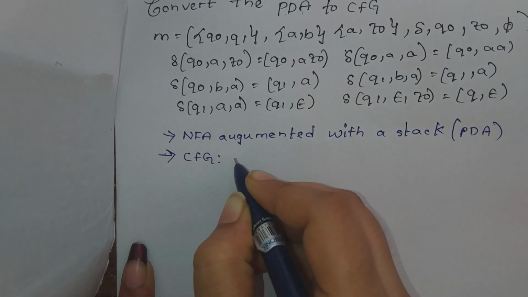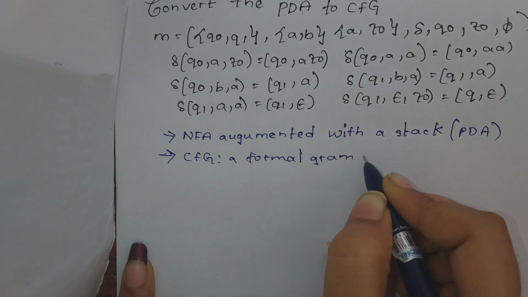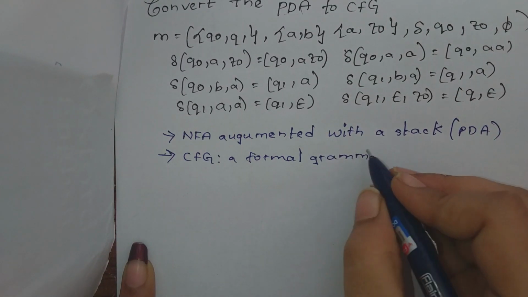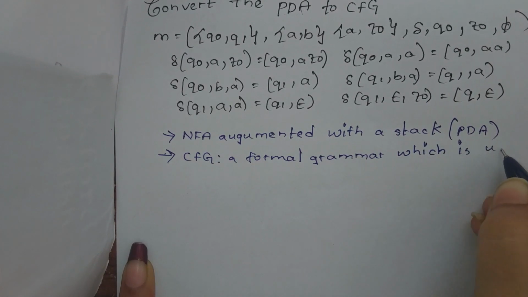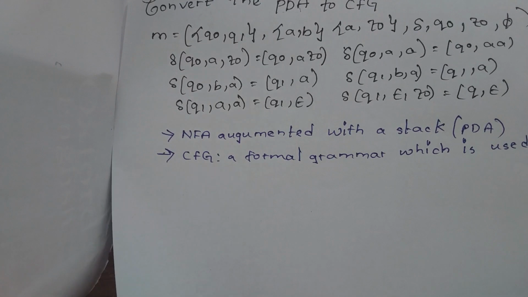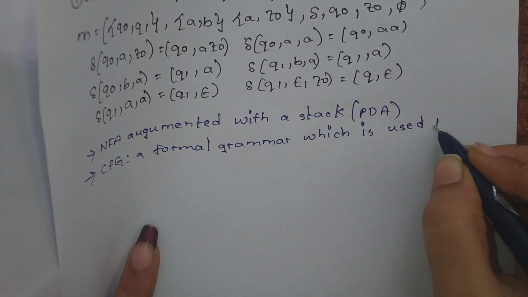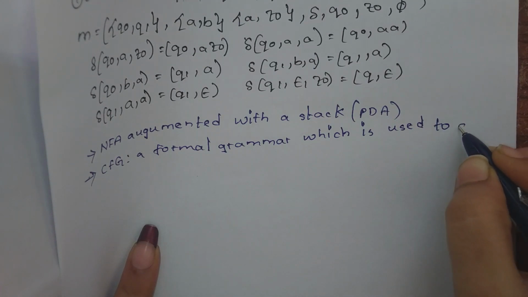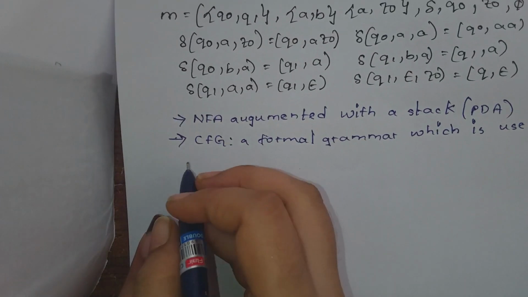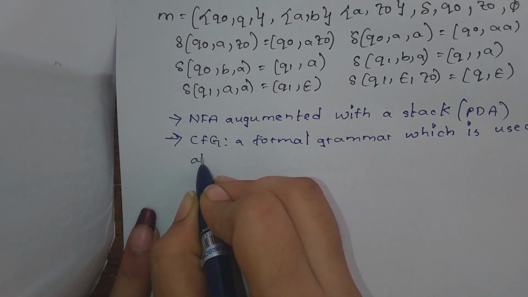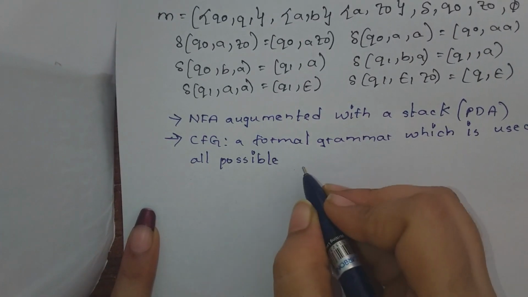So a CFG is a formal grammar, and this CFG is used to generate all the possible patterns of the strings.